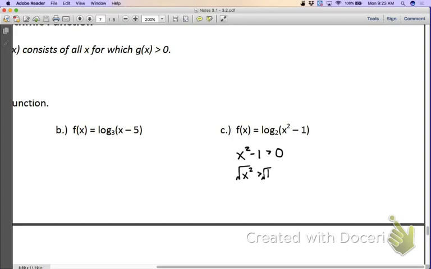Close. So x has got to be greater than plus or minus 1. So I have two asymptotes here, right?